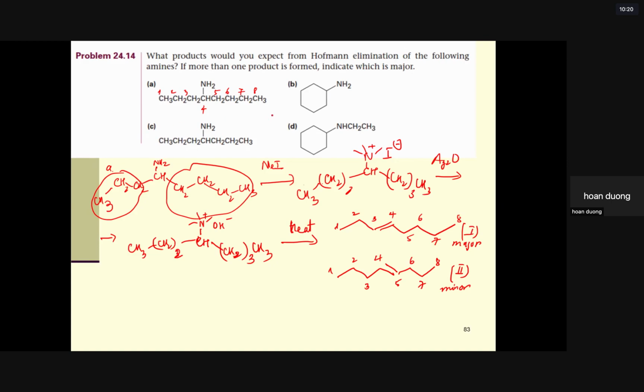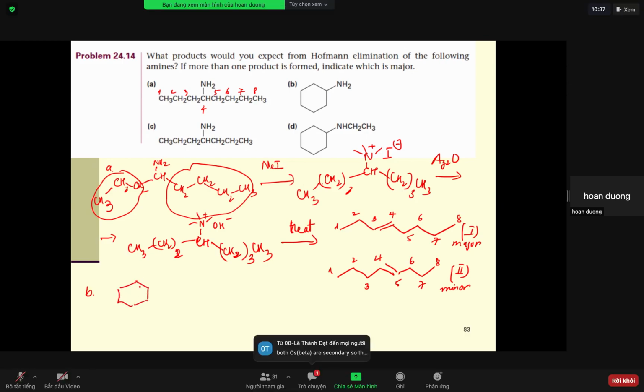So the B should be good, right? B only. So now I should cut off two compounds, okay? Two steps. I should give you the final product, and the final product here should be like this, right? All the same. So I think no problem.